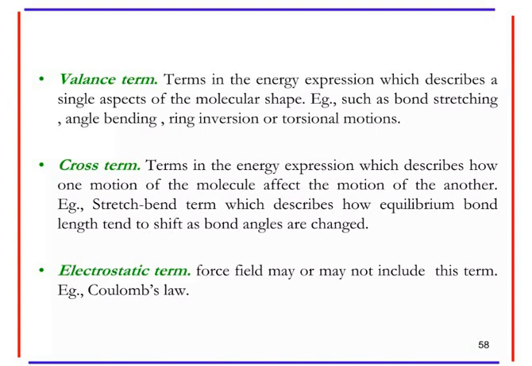Cross terms are terms in the energy expansion which describe how one motion of the molecule affects the motion of another. Stretch-bend terms describe how equilibrium bond lengths tend to shift as bond angles are changed. Electrostatic term: a force field may or may not include this term, Coulomb's law.